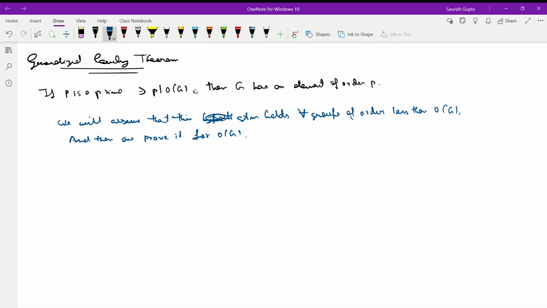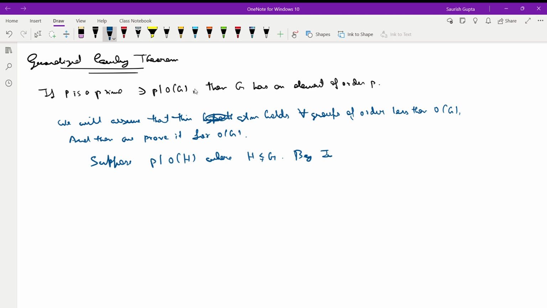Now, observe that I consider this hypothesis that this statement holds for all groups of order less than G. Suppose P divides the order of H, where H is a subgroup of G, say a proper subgroup of G. So if P divides the order of a proper subgroup of G, this subgroup will have order less than G. Therefore, the hypothesis holds for this subgroup.